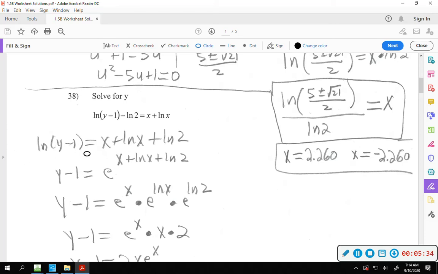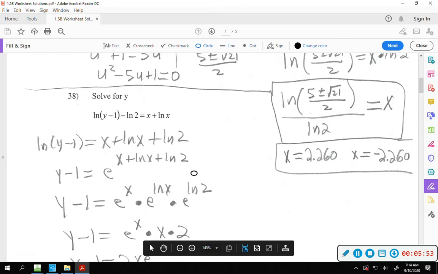Because now when I take e raised to both sides, the e will undo this natural log and will leave me with just the argument, because e raised to and natural log are inverse functions. So if I take e raised to this side, I have to take e raised to this side. I could add 1 to the other side and I would have y isolated.